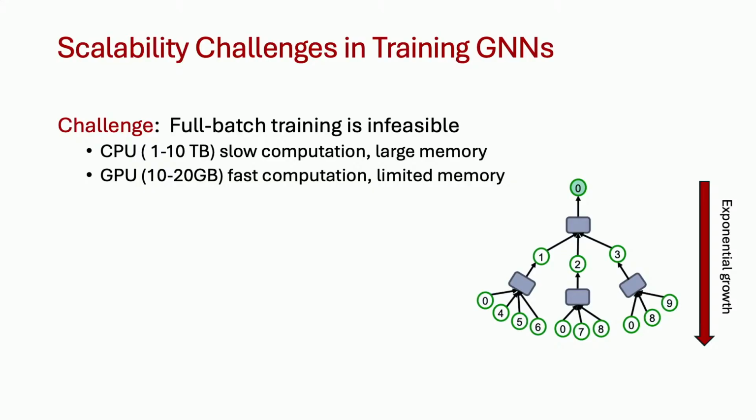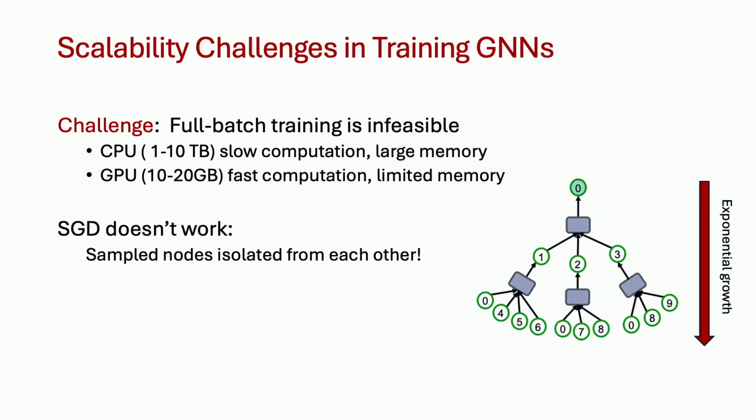Traditional methods like stochastic gradient descent don't work here, because if I have a sparse graph and I randomly choose some nodes to learn from, it's mostly going to give me isolated nodes, which doesn't take advantage of the graph structure. So instead of doing SGD, the solution that has been used in practice is graph sampling, to make the training sizes manageable.